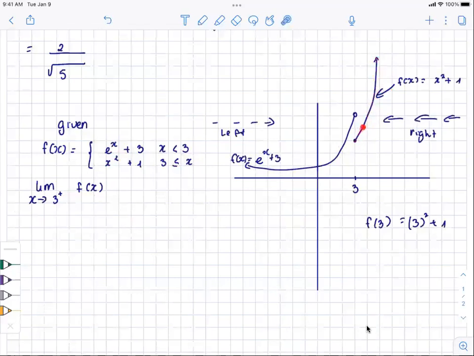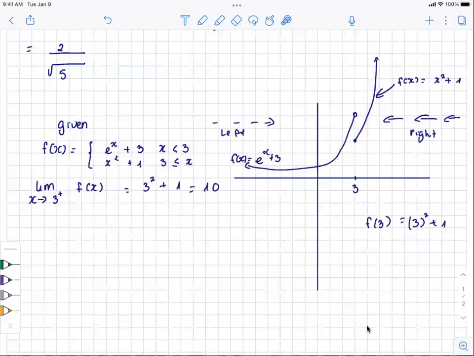Because this function is from the right. So when the limit of x approaches 3 from the right hand side, you will have 3 squared plus 1, which is 10, right?